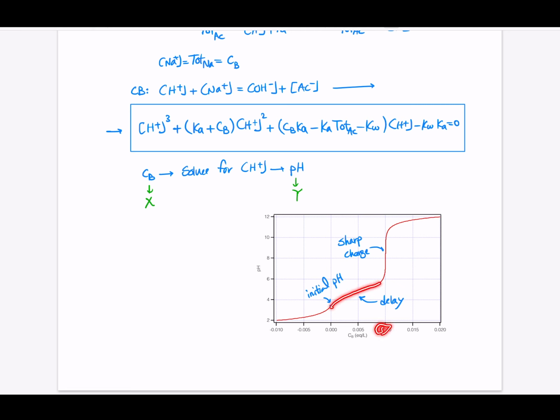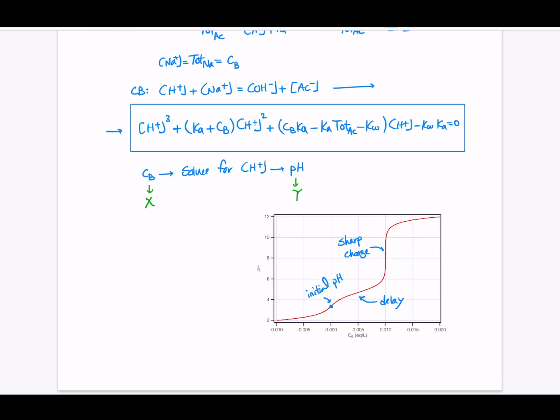We're adding a lot of base, but it doesn't change. But immediately here, we have a sharp increase. So we depleted all the weak acid, or we deprotonated all the weak acid because we're adding base. If we were adding acid, we would protonate all the acid, so the rest would go to the pH change.